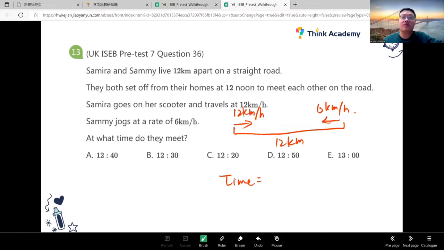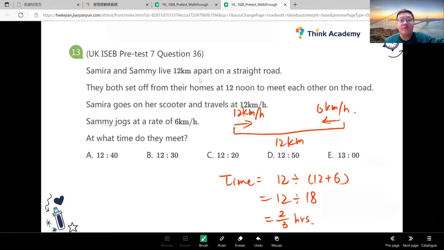If you want to get the meeting time, the time equals the total distance divided by the sum of their speeds, right? So which is 12 divided by 12 plus 6. And the unit is going to be hours. Let's see, 12 divided by 18, and if you divide by 6, that's going to be 2/3 hours.